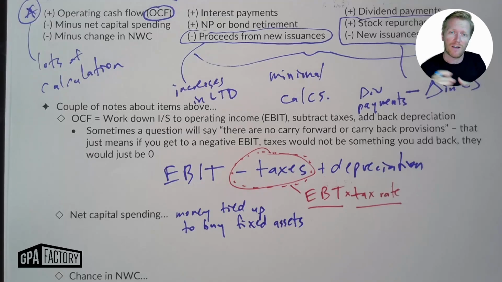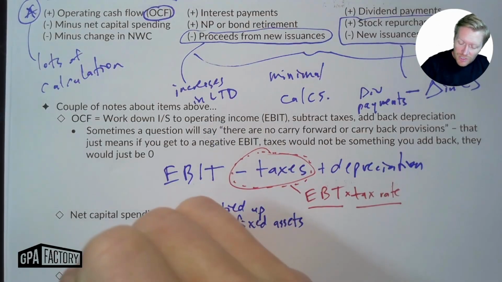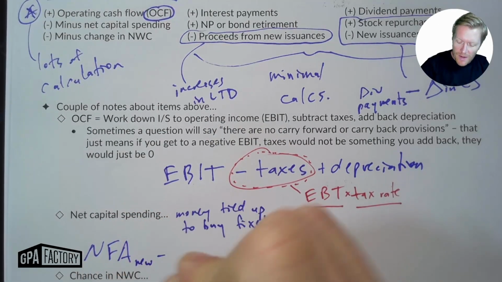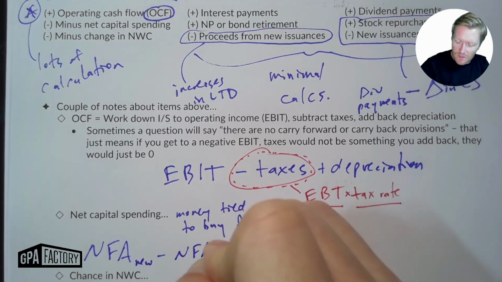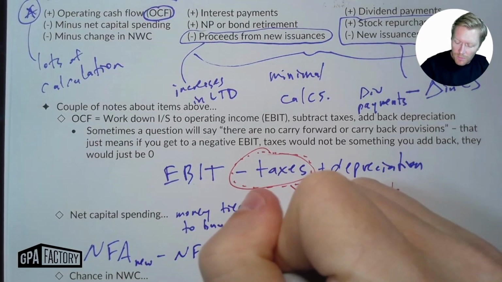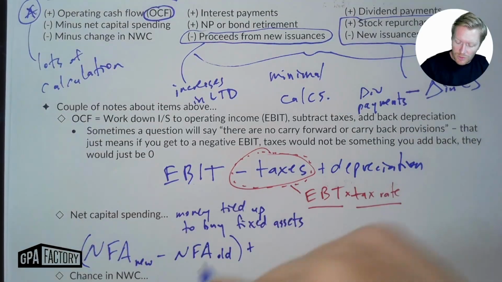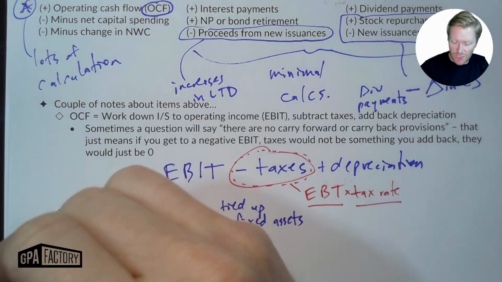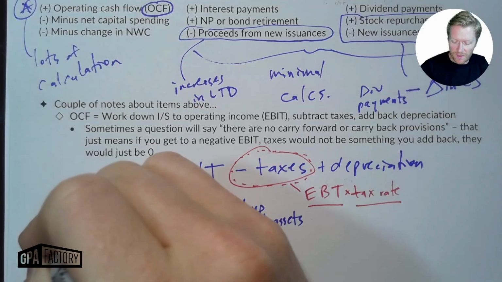But then we subtract off, oh, there's some cash that's tied up in buying new fixed assets. Okay. So an equation that we can do is net fixed assets, new minus net fixed assets, old, plus, so just the change in net fixed assets. Think about this as the change in net fixed assets.